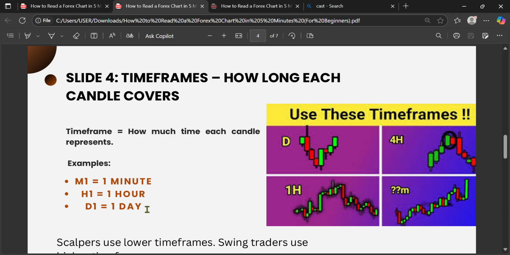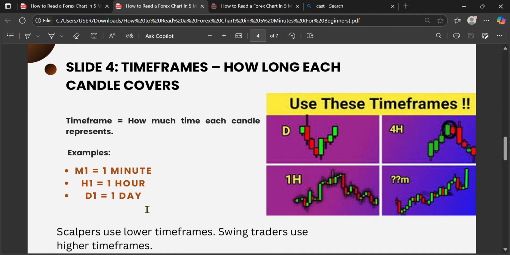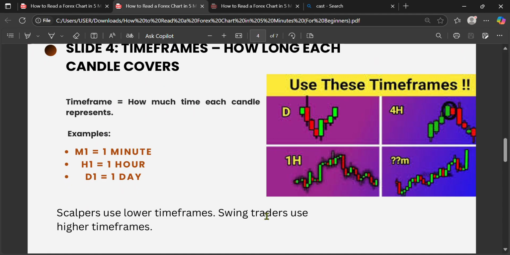Now, what did they say here? They said scalpers use lower time frames, swing traders use higher time frames. Now we have three different types of traders: the scalpers, the day traders, and the swing traders. They are the most popular, right? The scalpers use the lower time frames, like 1 minute, 5 minutes, 15 minutes, 30 minutes.